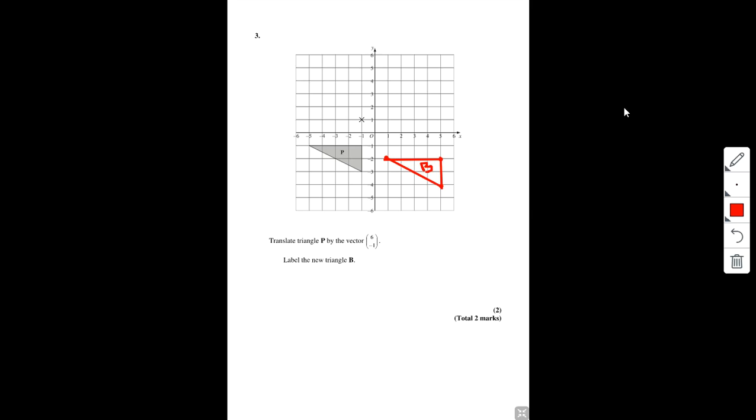Is that right? Yes, that's good. Okay, now solve this one.